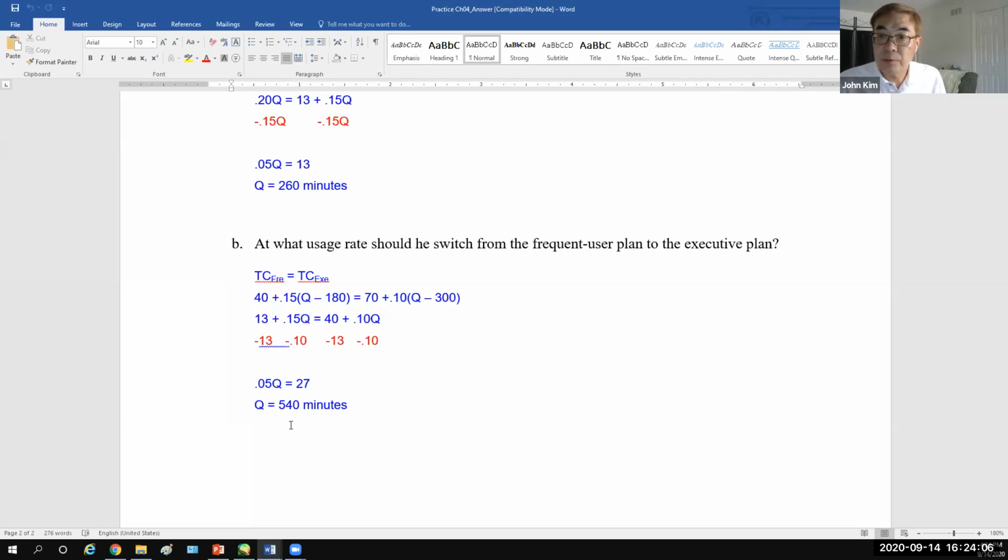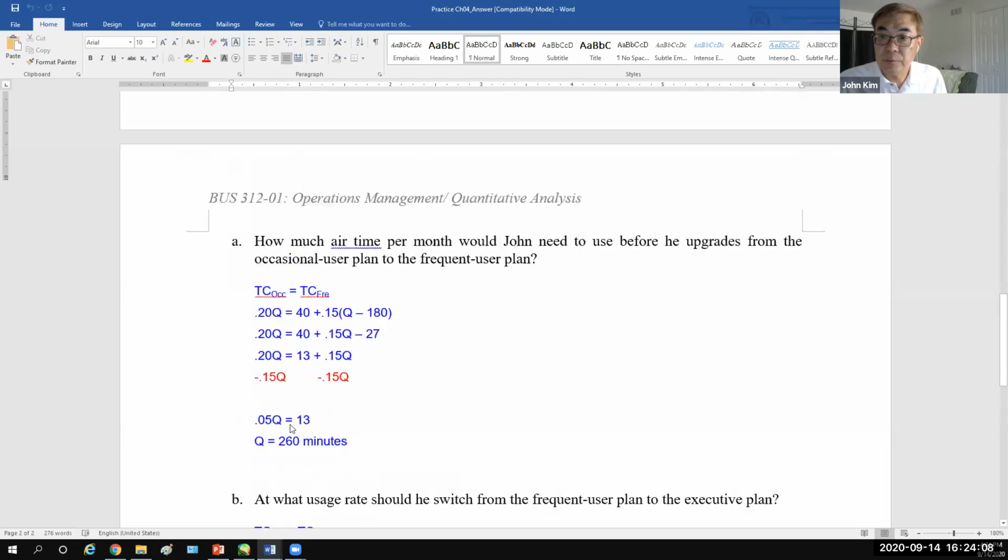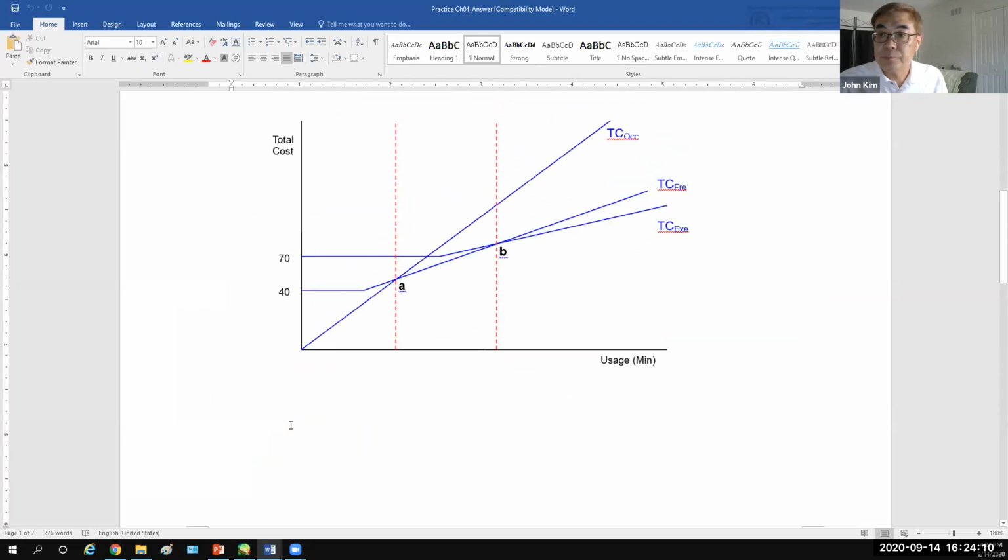So this one is on 260. This one is now 540.